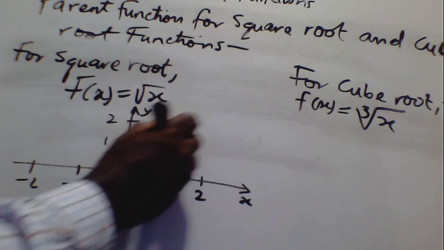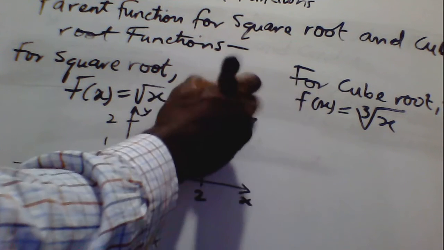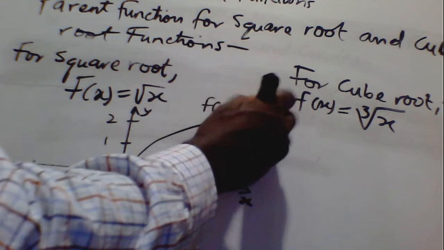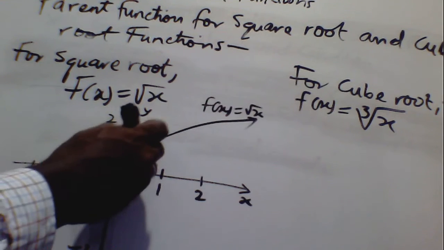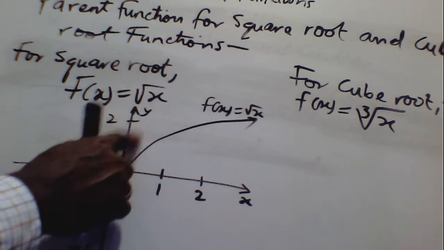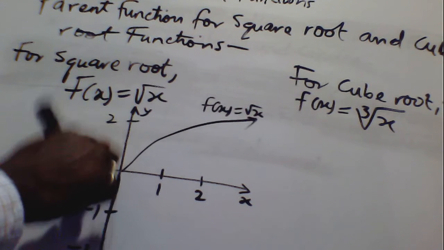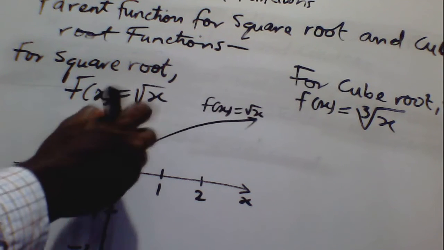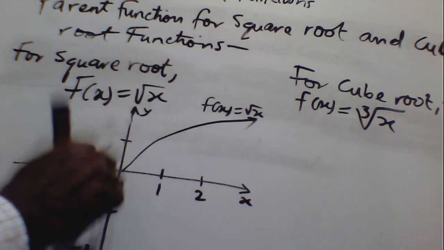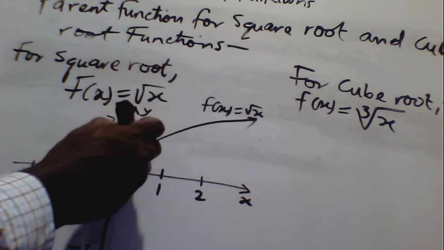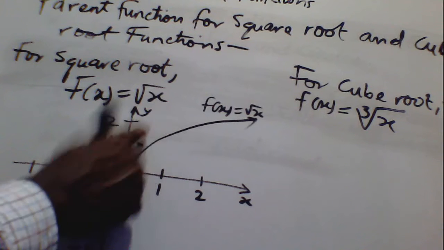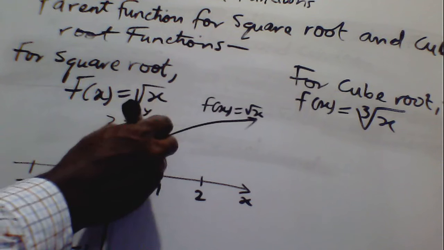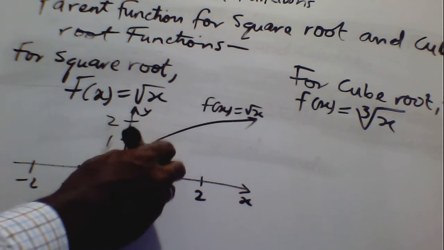We start from the origin. This is f of x equals the square root of x. And if x goes like this, let's say here is 1, here is 2, this will go like this, just until it touches the graph, you bring it down.